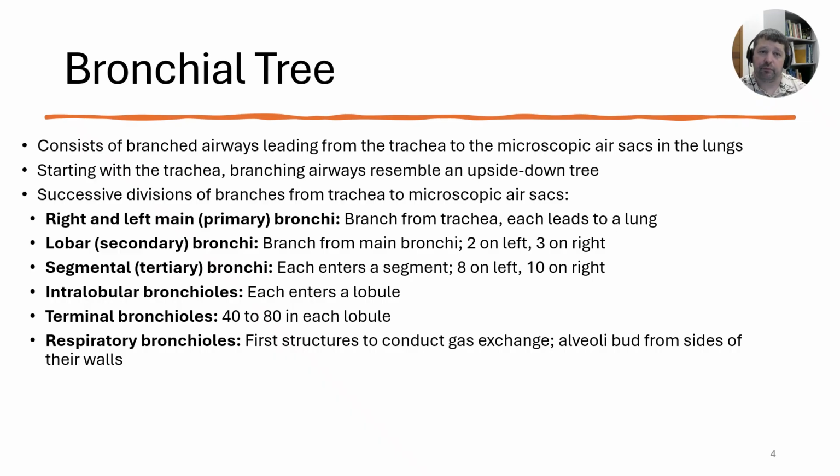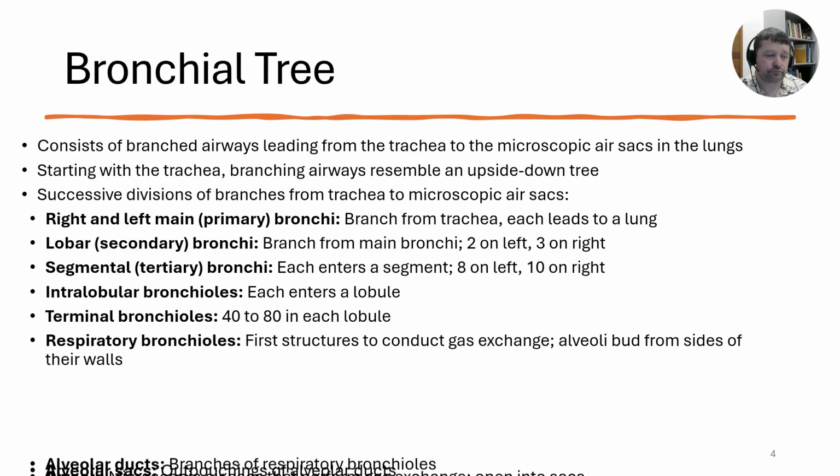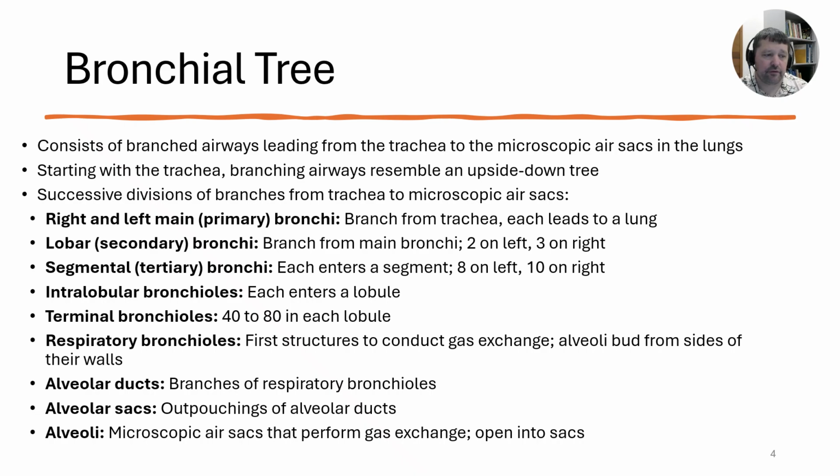Some are flexible, some are controlled by muscle, some have ciliated cells that help clear things, some don't, some are associated with alveoli, where you're going to have some gas exchange. So those alveolar ducts are the regions at which the respiratory bronchioles are going to terminate.